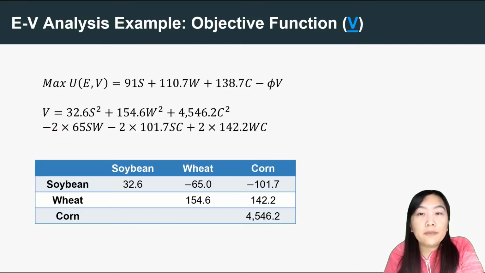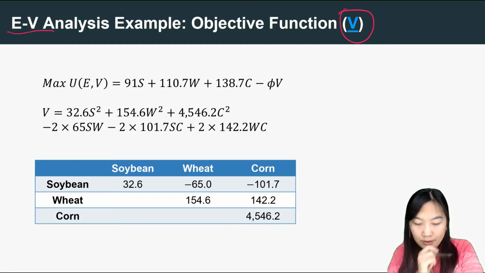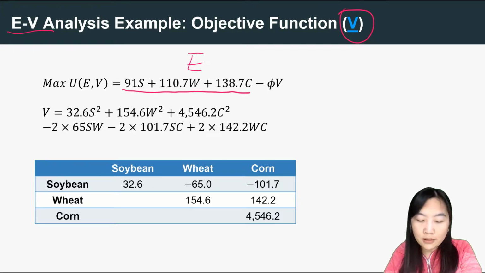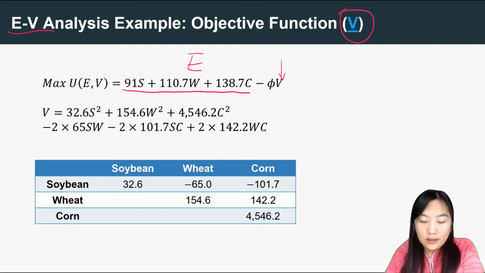So then we are ready for this V term here in this EV analysis and also in your objective function. So this is our E. We worked on that already. And this V, again, as I mentioned, is a variance-covariance table.